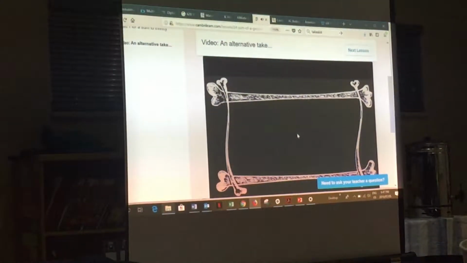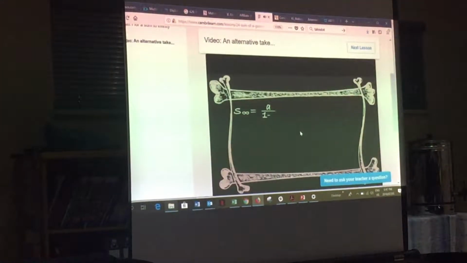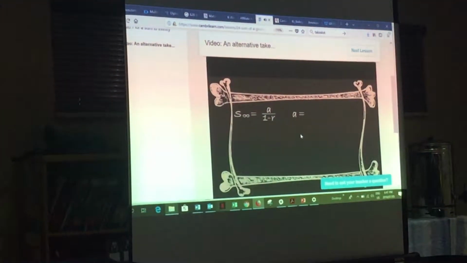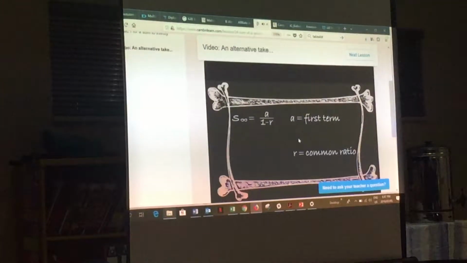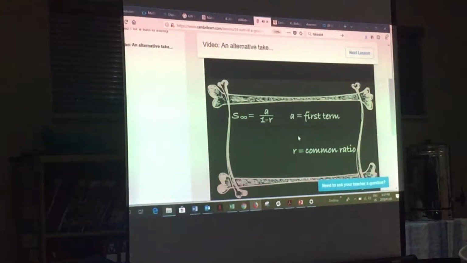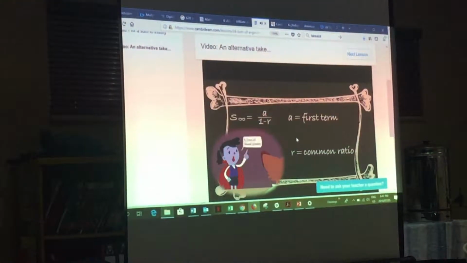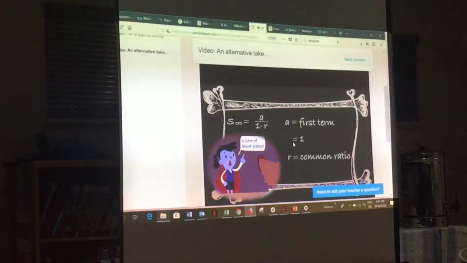Well, we have the formula S infinity equals A over 1 minus R, where A represents the first term of the series, and R represents the value that is multiplied each time to get the next term. The first vampire asks for 1 liter of blood, meaning that A will equal 1.